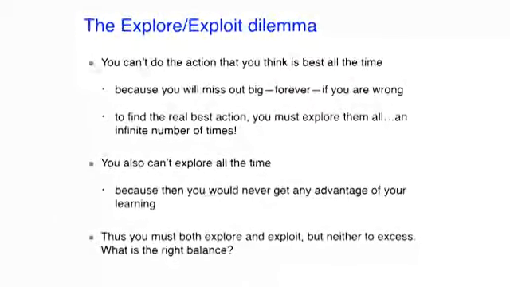But you also can't explore all the time because then you never get any advantage of your learning, like in that poor grid world system that kept acting randomly, even though it had worked out the optimal policy. So we have to both explore and exploit, but neither completely. And maybe we need to find a right balance. That's an interesting open problem in the field. I don't think we really have deep insights about it yet.